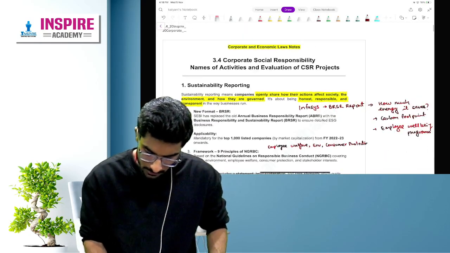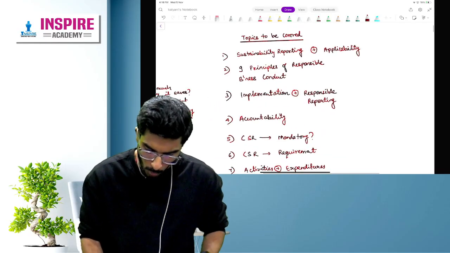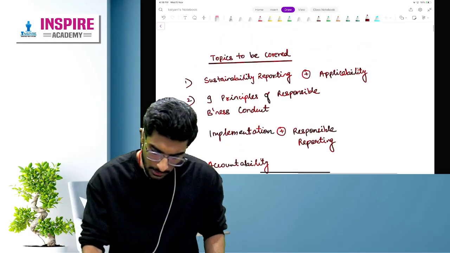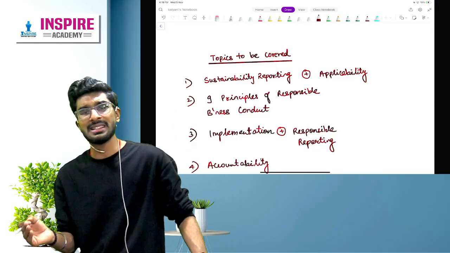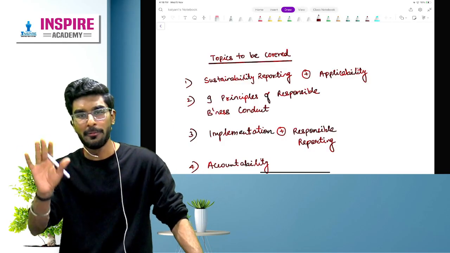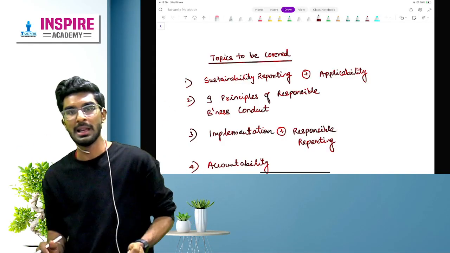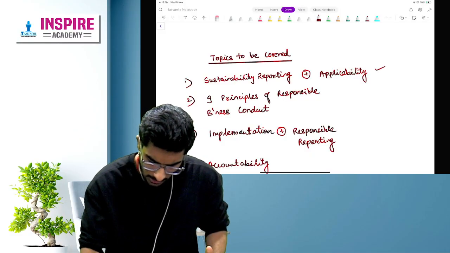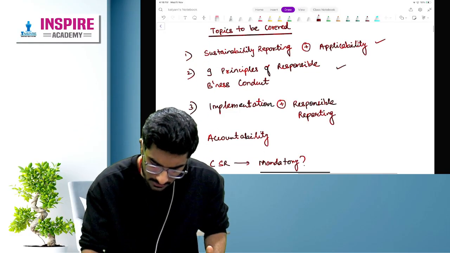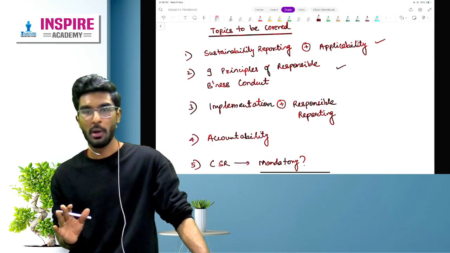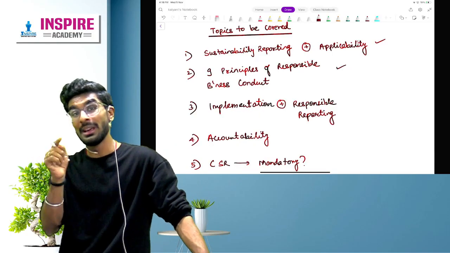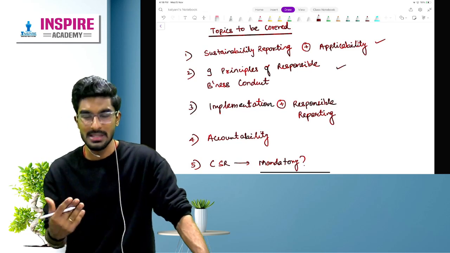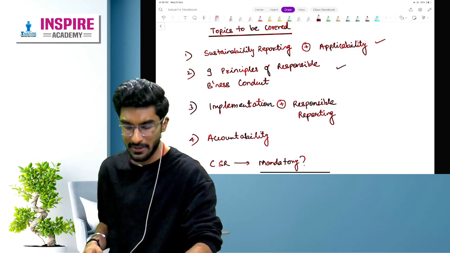So people, in this subchapter, how many topics are we going to cover? Number 1, we are going to talk about sustainability reporting. Again and again, you will find this topic repeated in your subchapter, so quickly we'll cover this. Number 2, which I think is very interesting and the most important even from your career point of view, is responsible business conduct, the 9 principles of responsible business conduct.